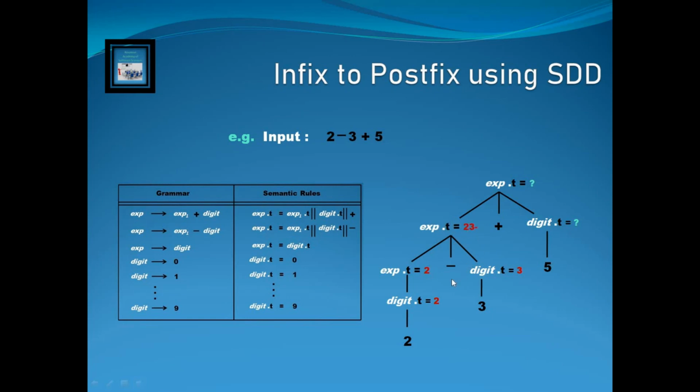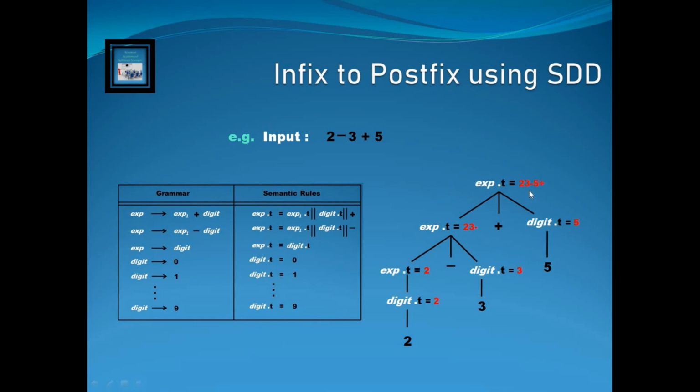Then in order to evaluate this main expression's postfix form, we already evaluated its left child, and now we evaluate its right child's attribute. The right child is digit, and here digit can have the form of 5, so digit dot t is equal to 5. Now we can evaluate this main expression's postfix form, which is the ultimate goal.